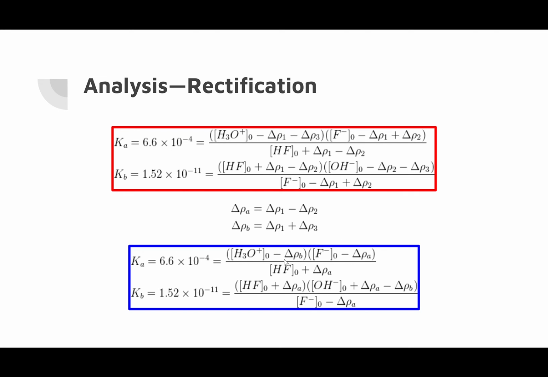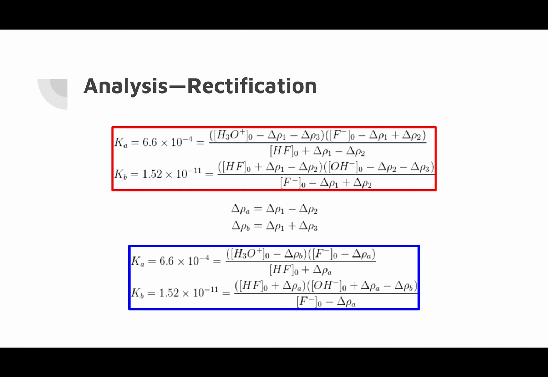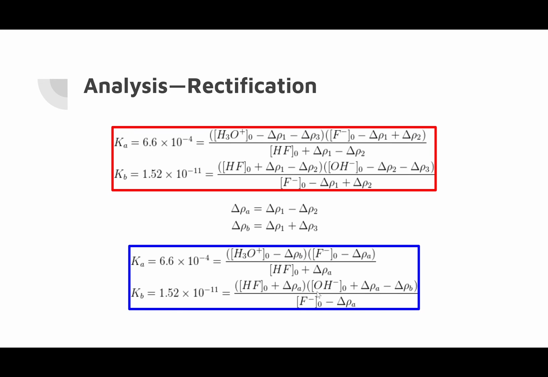You can express the 2 equations in terms of delta rho A and delta rho B, so we reduce the 3 variables to 2 variables, and the 2 equations become solvable. By knowing these 2 quantities, since I know this is going to represent the final hydronium concentration, I have a way to know what the final concentration of each substance is going to be.